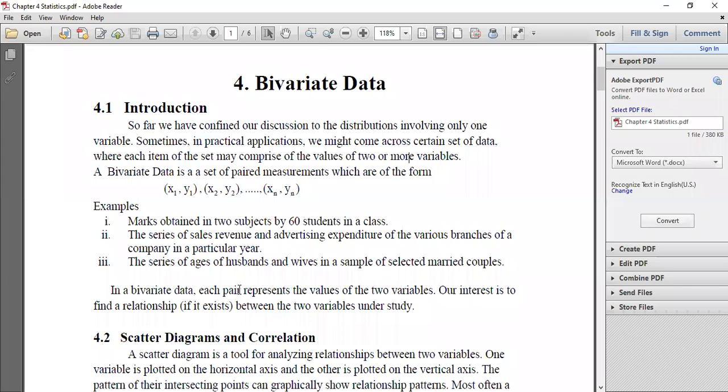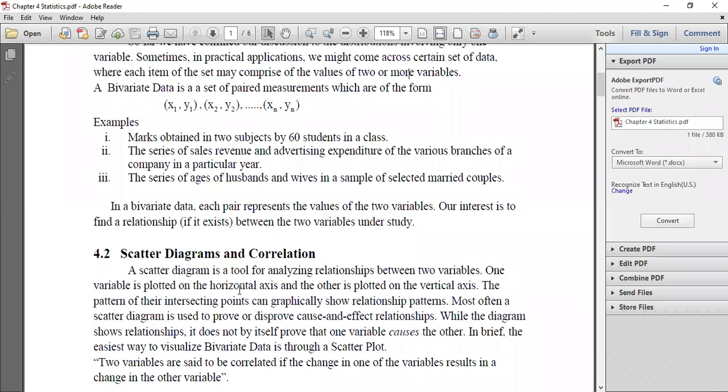If the age of the husband is higher than that of the wife, is it always like that, that the husband has to be older than the wife? So we can do that with statistics and find out whether there is such a relationship.